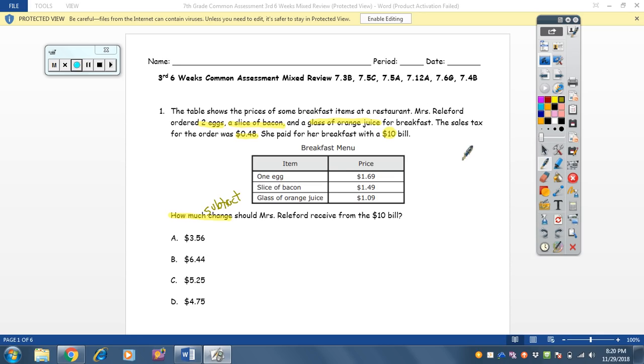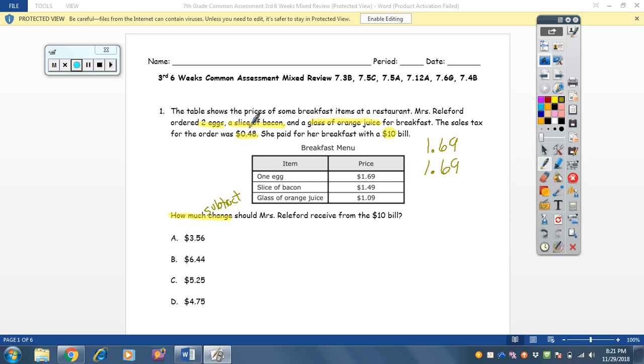So we have to add up all the money she spent. So 1 egg is $1.69. But she got 2 because Mrs. Relaford likes to eat. Just saying.